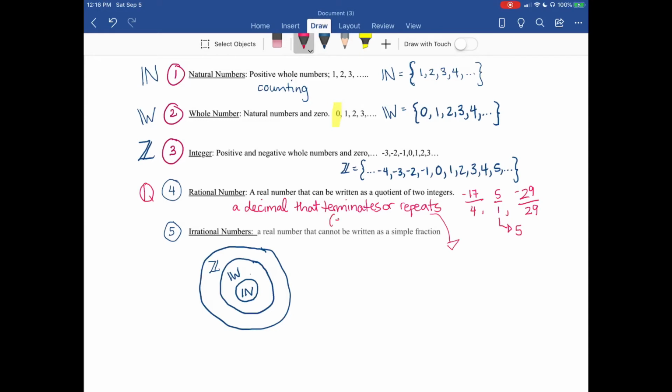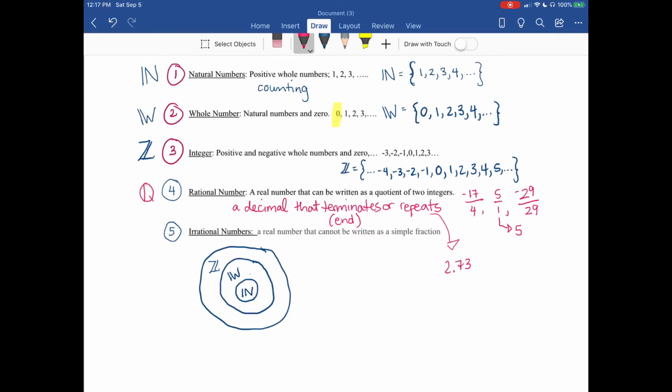So a decimal that has an end, meaning 2.73. Right? So 2.73, there's a hard stop after 3. So this would satisfy our definition of a rational number. That would be an example of a decimal that ends, that terminates.